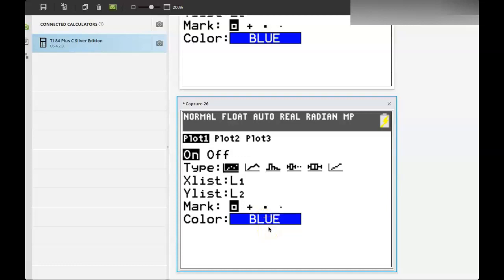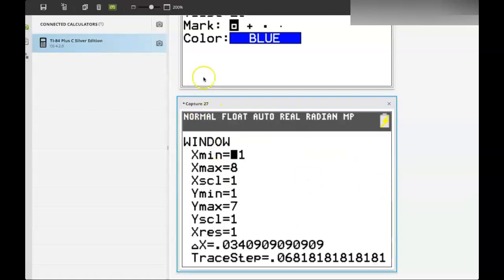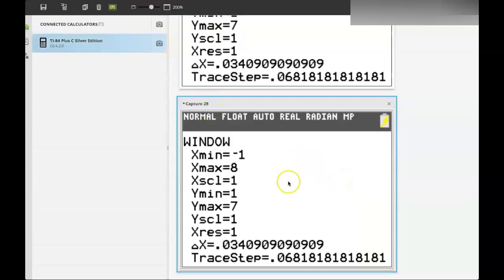Then press window, on the first row on top of your calculator. Since the smallest number for x was 0, I chose -1. The greatest one, based on the table, is 6, so I'm choosing 8. So our interval is -1 up to 8.